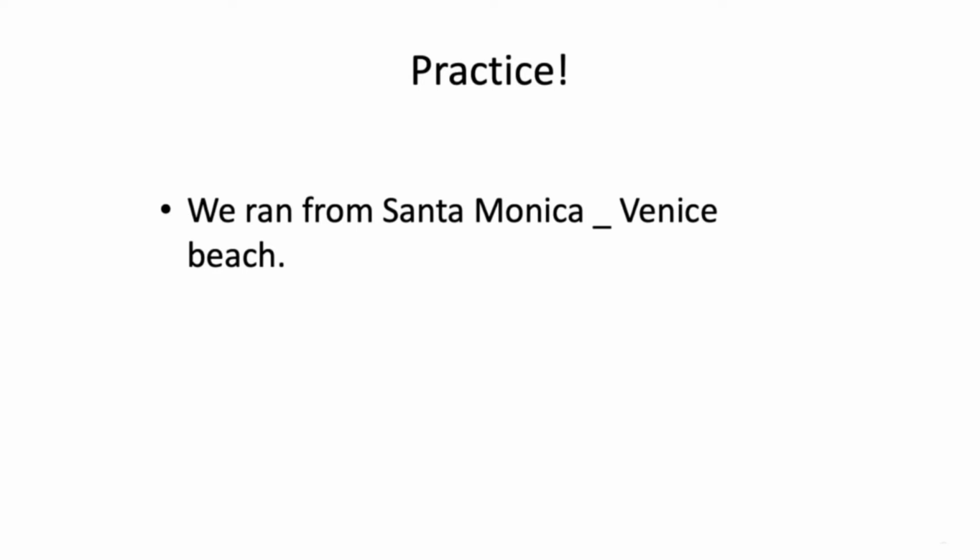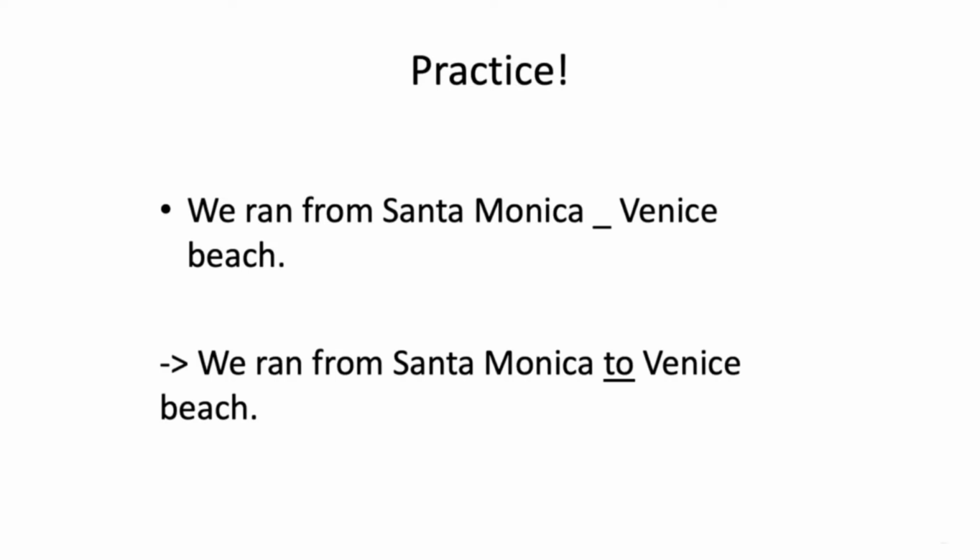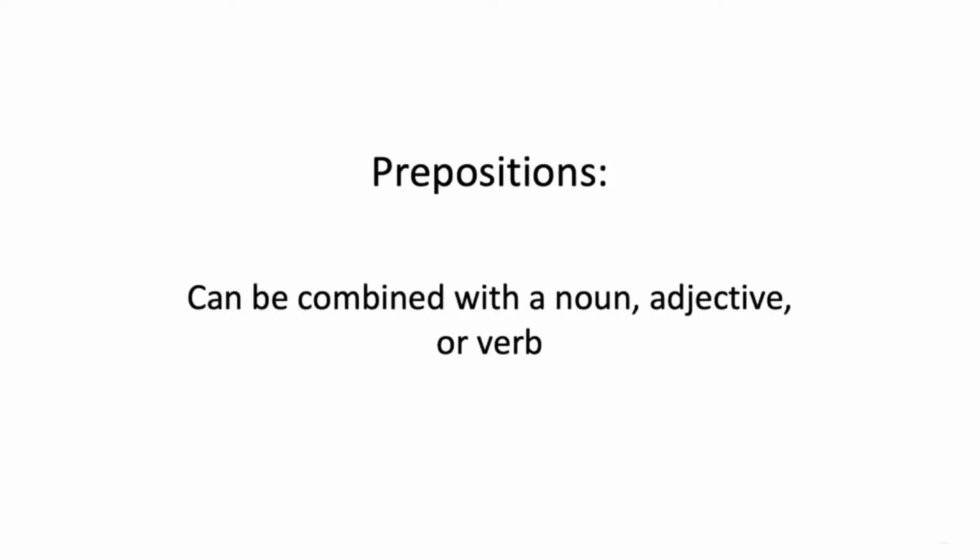We ran from Santa Monica to Venice Beach. We are indicating a movement or direction and therefore use the preposition to. Nice one! Now we can move on with our prepositional journey.